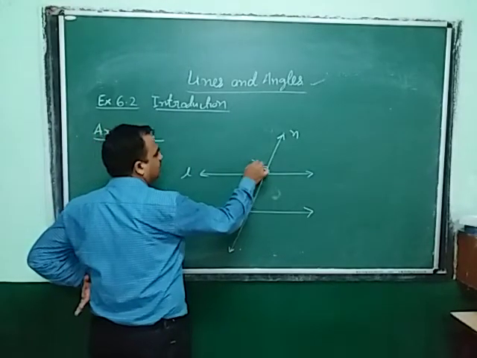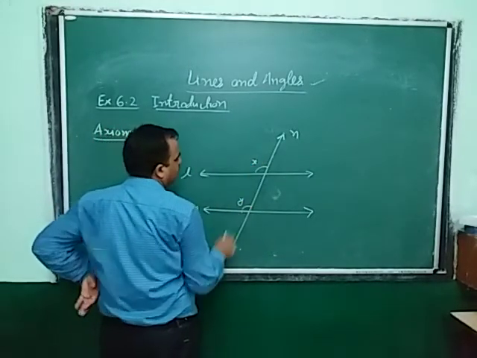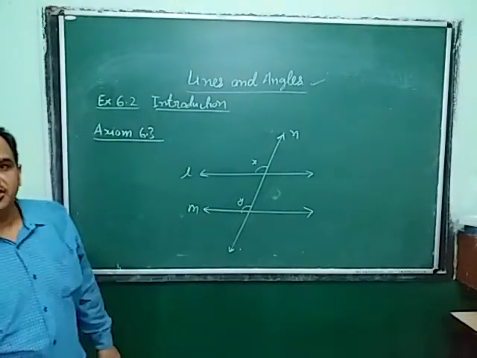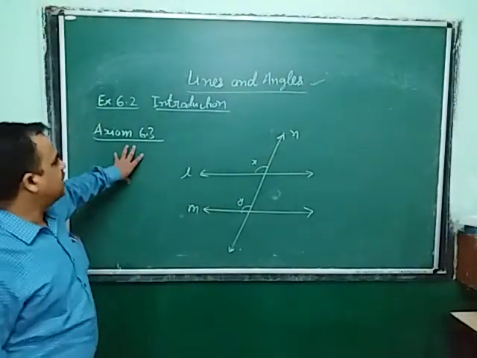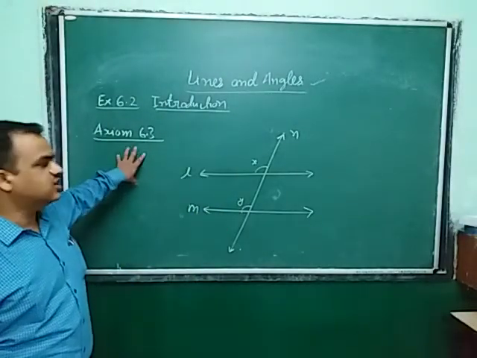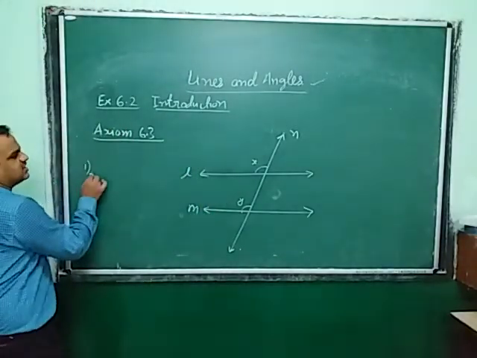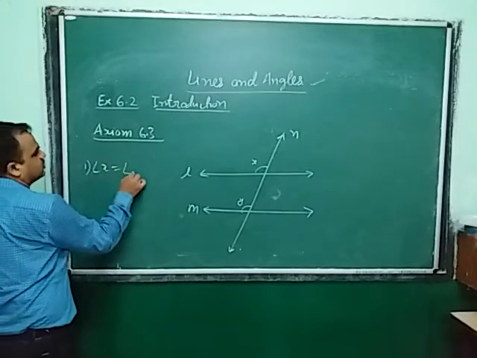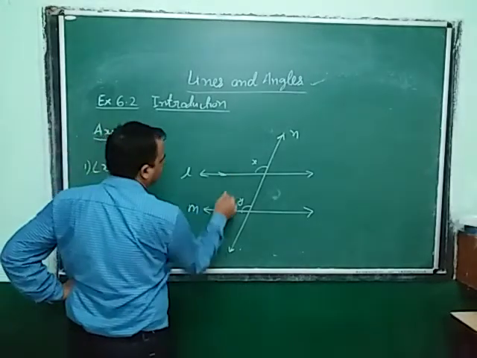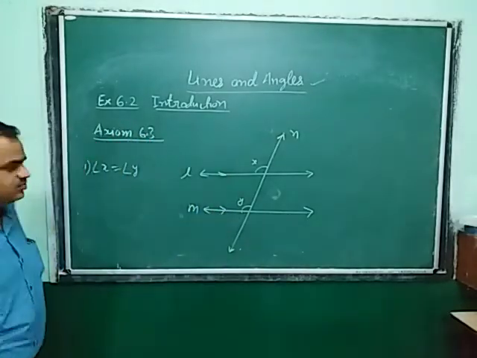So what are the corresponding angles? This angle, say X, this angle Y. So X and Y are corresponding angles, and according to this axiom, corresponding angles are equal. So angle X will be equal to angle Y, provided that these two lines are parallel.